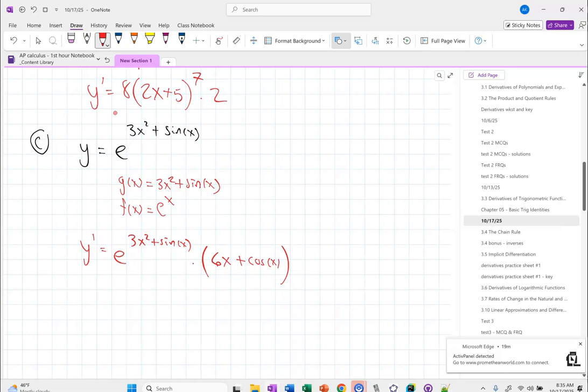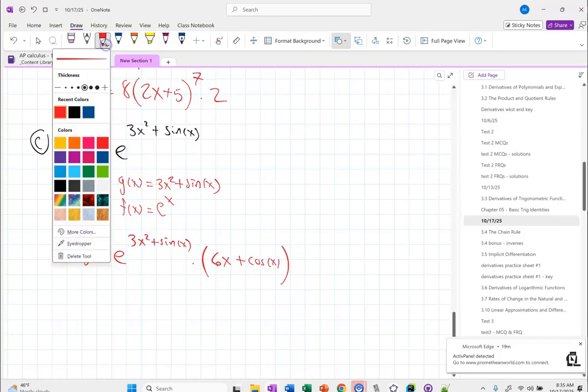I'm going to turn up the difficulty level a notch. So I'm going to now look at a situation where we have 2 chain rules going on, okay, in the same problem. So we're going to have one layered inside of the next.